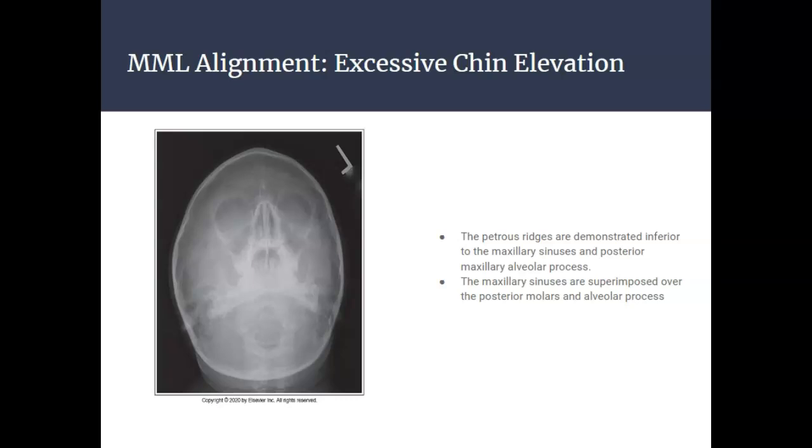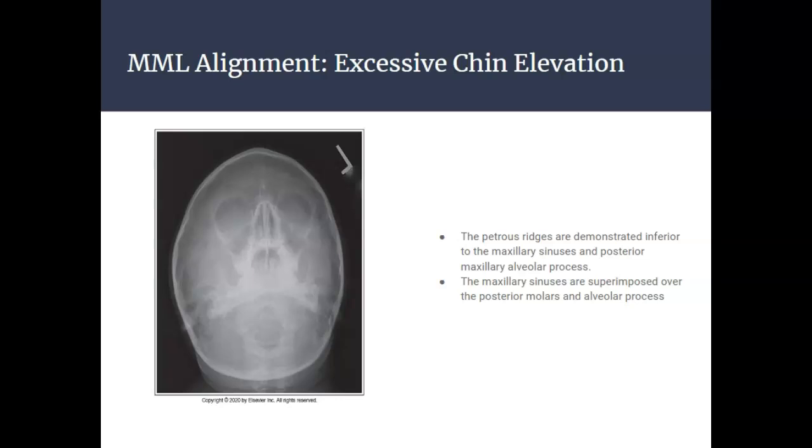In this case, the petrous ridges are demonstrated inferior to the maxillary sinuses and posterior to the maxillary alveolar process. In this case, we have excessive chin elevation. In order to correct this imaging, we need to bring that mental meatal line perpendicular with the IR to achieve the projection that we need to obtain.